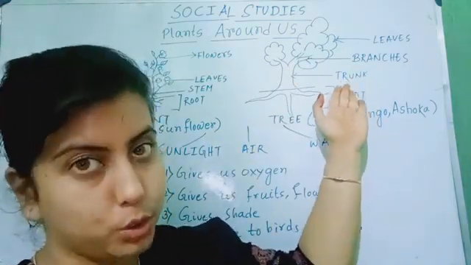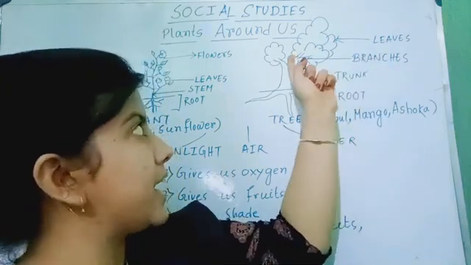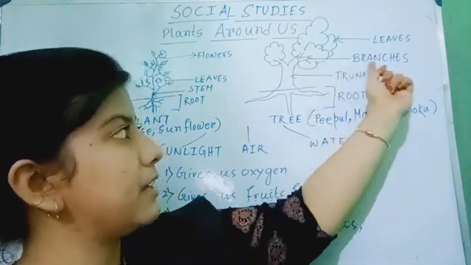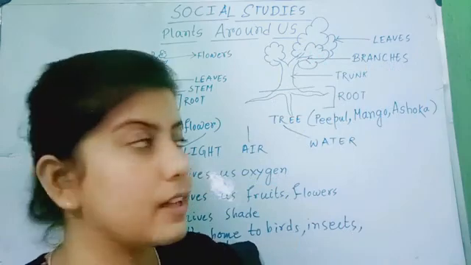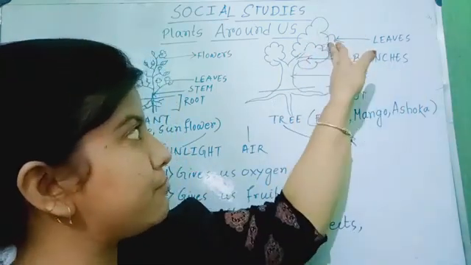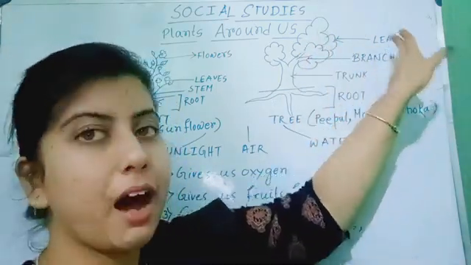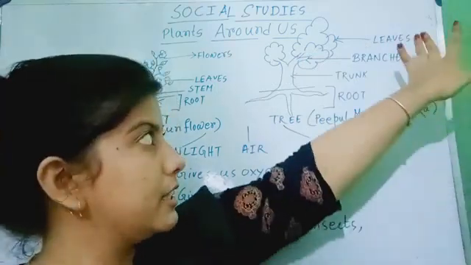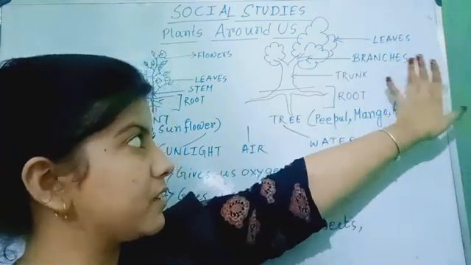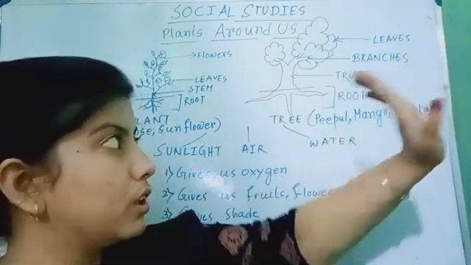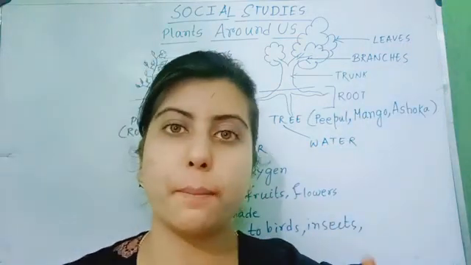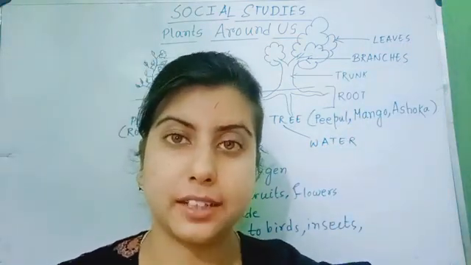Trunk of the tree. Next we have branches. And lastly, we have leaves. So the parts of tree are leaves, branches, trunk, root. These are the four parts of a tree.